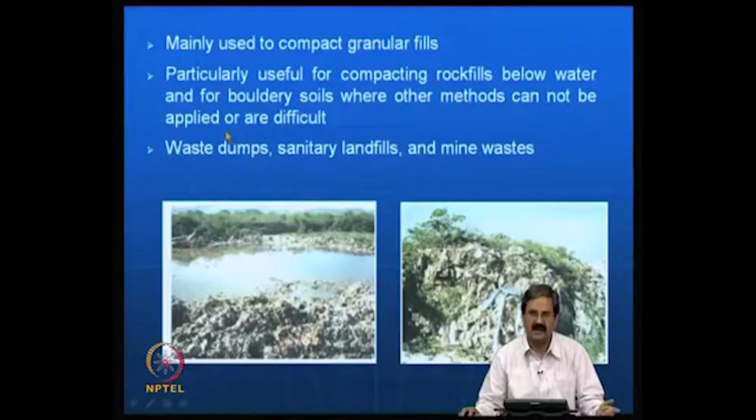For example, prefabricated vertical drains cannot be used for gravelly soils, and, as an extreme example, the permeability of clays is so low that dynamic compaction cannot be used. So, in such a case you go for prefabricated vertical drains to increase the rate of consolidation, because clays are very slow in consolidation.